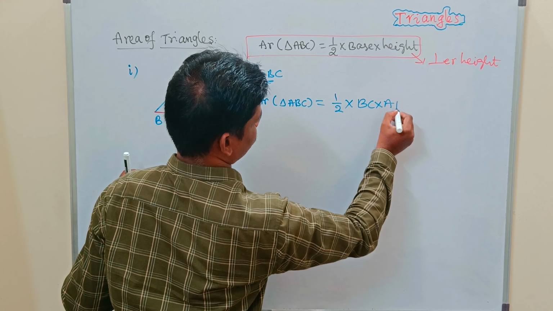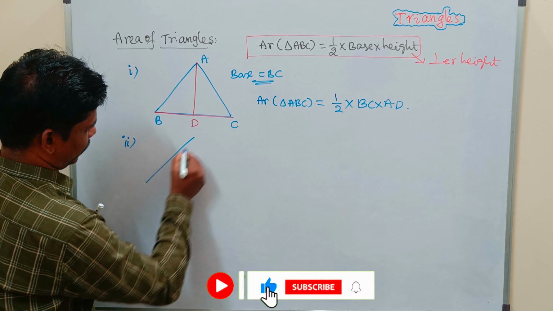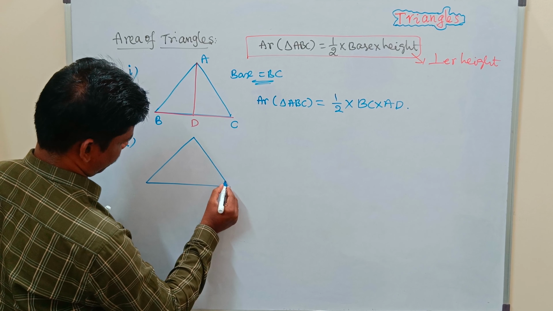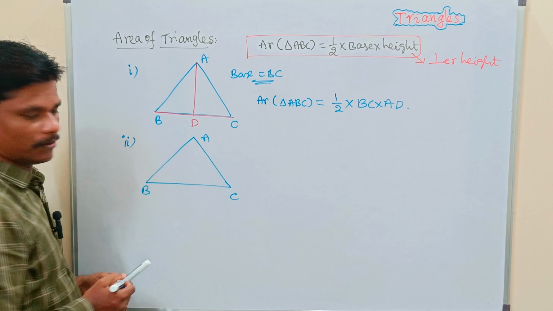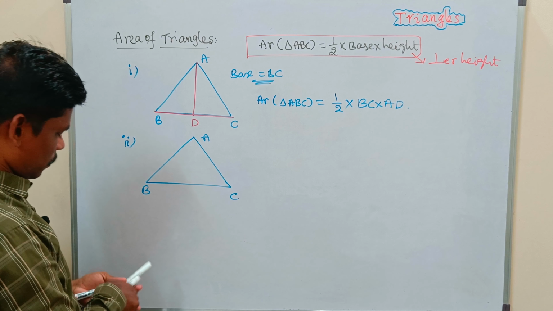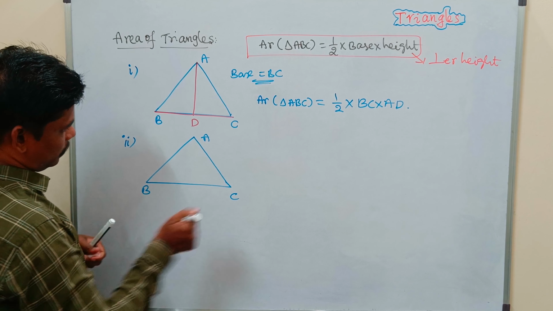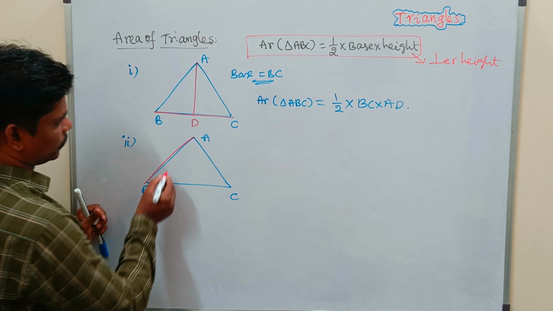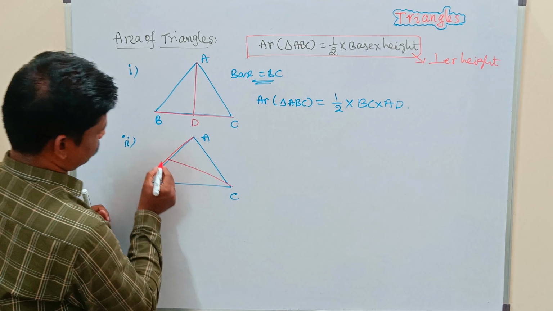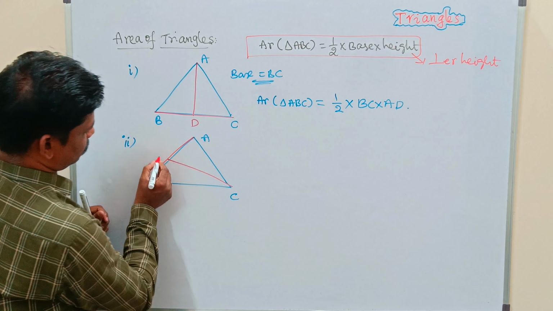Now the second point. Suppose we take a triangle ABC. If we consider the base as AB, then the height is taken at D. This is the perpendicular height.